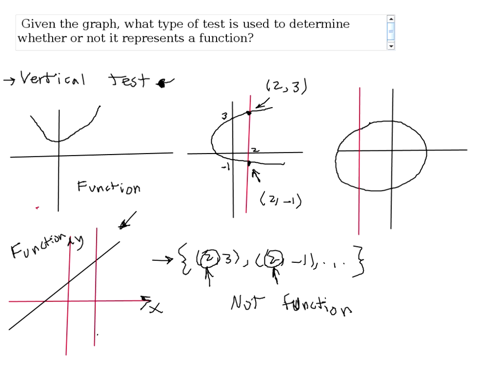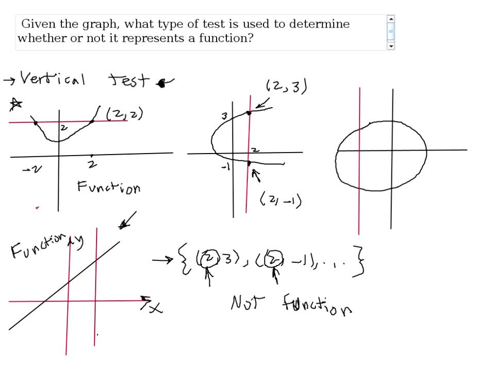So if I look at the first example here, this is a function. We established that the parabola opening upward is a function. However, it's not a one-to-one function because it's going to violate the horizontal test. If I look at these two ordered pairs, this is 2 and this is -2, and this is, let's say, 2, doesn't matter, just making up numbers here.